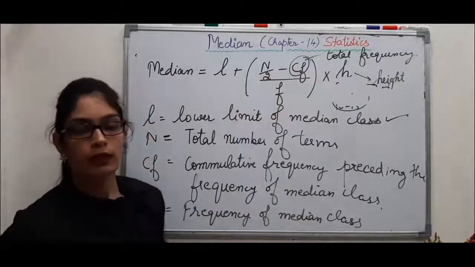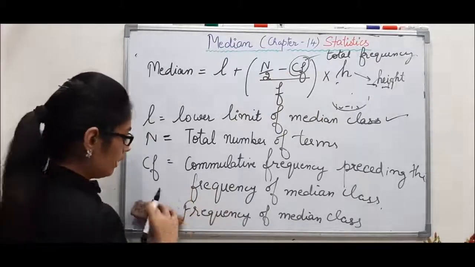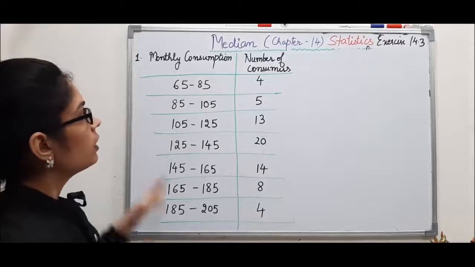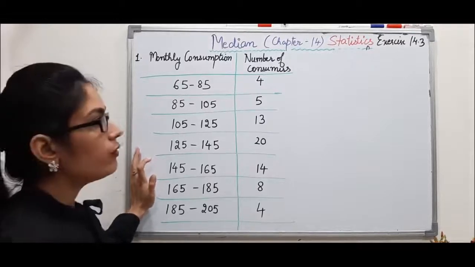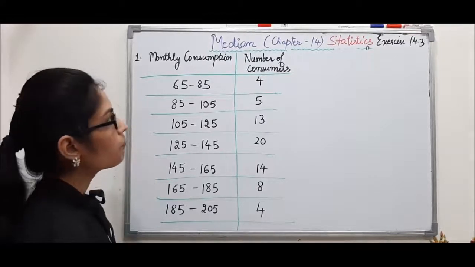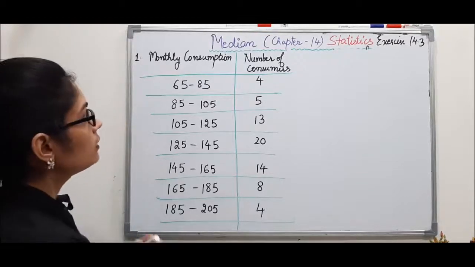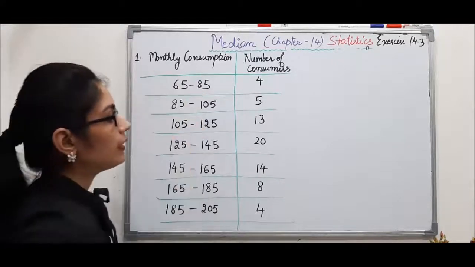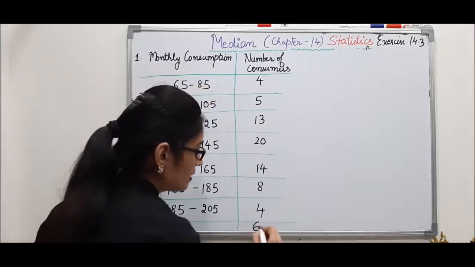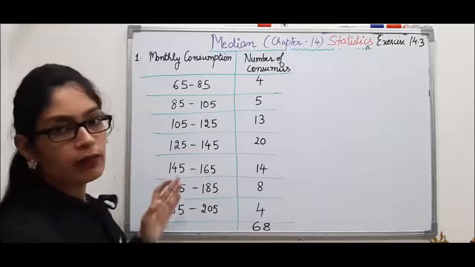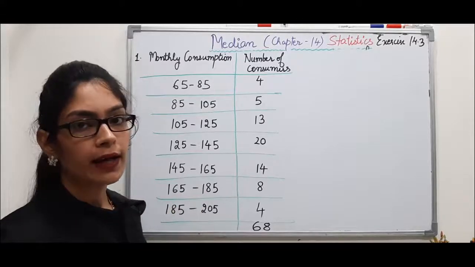Now let's do one question of median so that we'll understand the concept in a better way. This is the first question of exercise 14.3. In this question, this data has been given to us. It's the monthly consumption of electricity of 68 consumers, and for this data we have to find mean, mode and median.